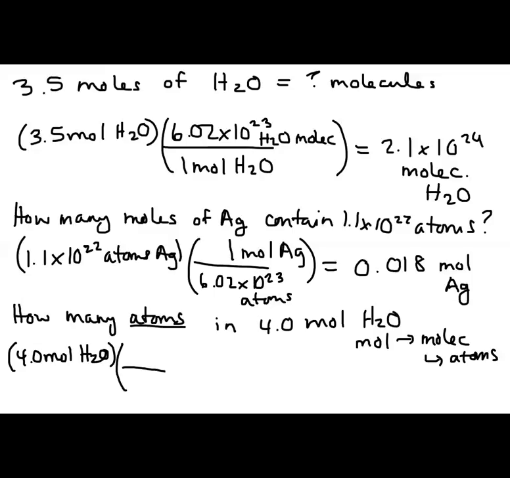1 mole of H2O has how many moles of atoms? 3. So every mole of H2O has 2 moles of H and 1 mole of O. So it's going to have 3 moles of atoms total.